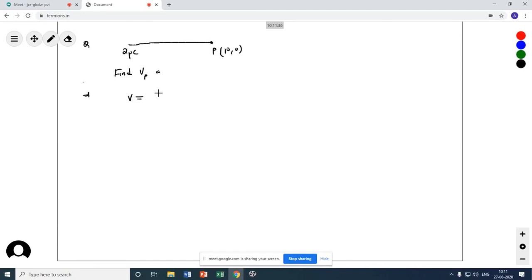So V would be equal to 1 by 4 pi epsilon naught, 2 into 10 to the power minus 6, divided by 10 centimeters, so 10 into 10 to the power minus 2. So this gives me 9 into 10 to the power 9 into 2 into 10 to the power minus 6, divided by 10 into 10 to the power minus 2. So this and this get cancelled.